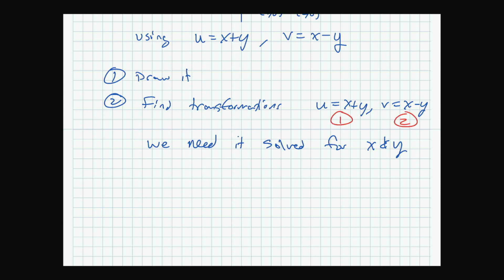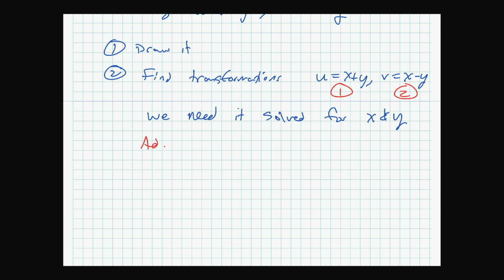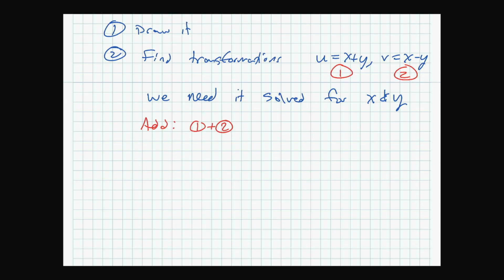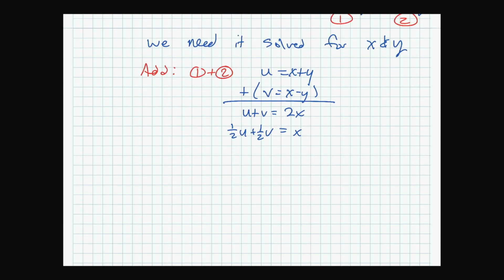If I call that 1 and that 2, and I add the equations, 1 plus 2, I get u plus v equals 2x, or x equals 1 half u plus 1 half v. Very similar to what we did before, right?